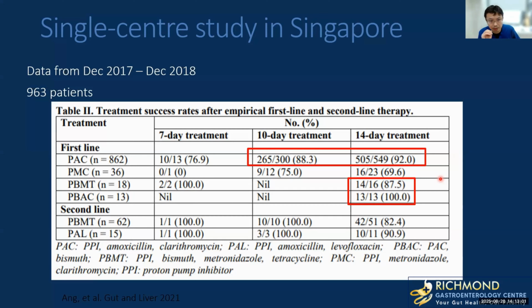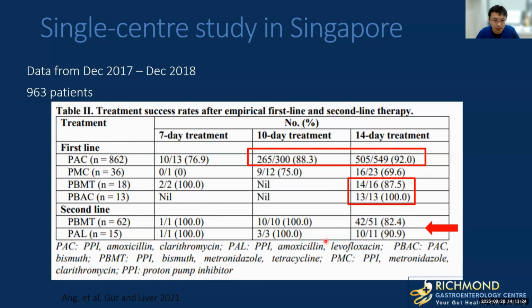Remember, metronidazole doesn't really work. So you really have to scratch your head and try to source tetracycline or levofloxacin for your second-line therapy. So if you can treat adequately for 14 days at the first exposure, it gives you less worry if the patient fails HP eradication therapy.